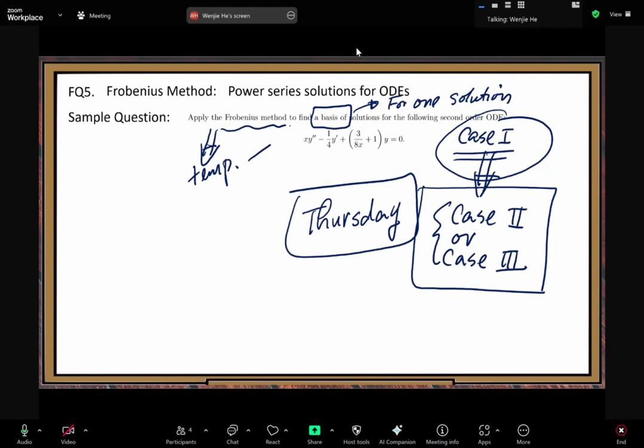Then I will give you the remaining 5 sample questions from the Fourier analysis topic. Then you just prepare, based on these 10 sample questions, for the final.